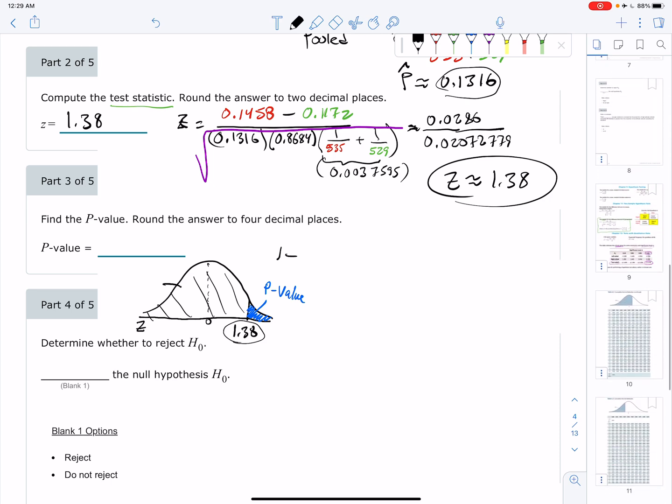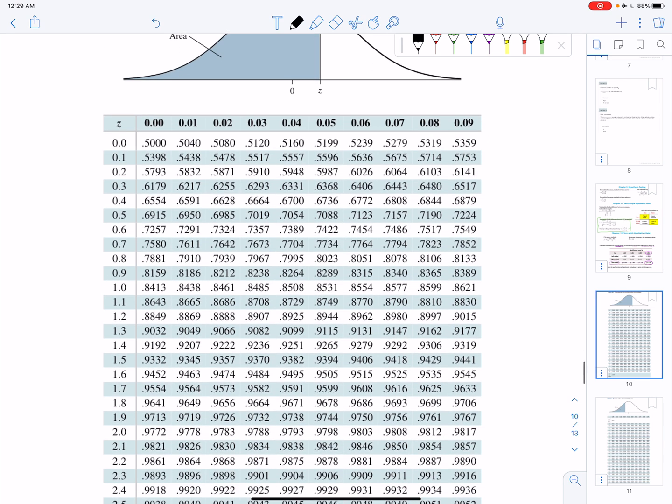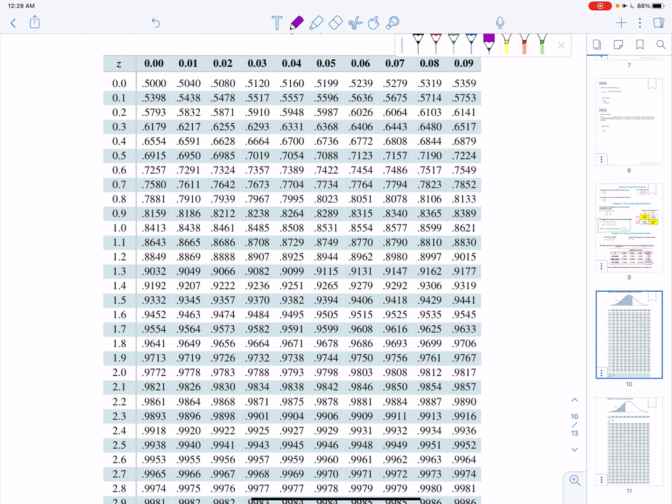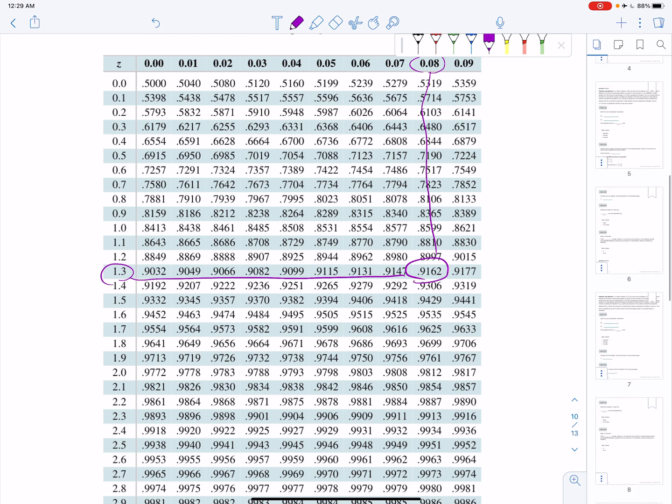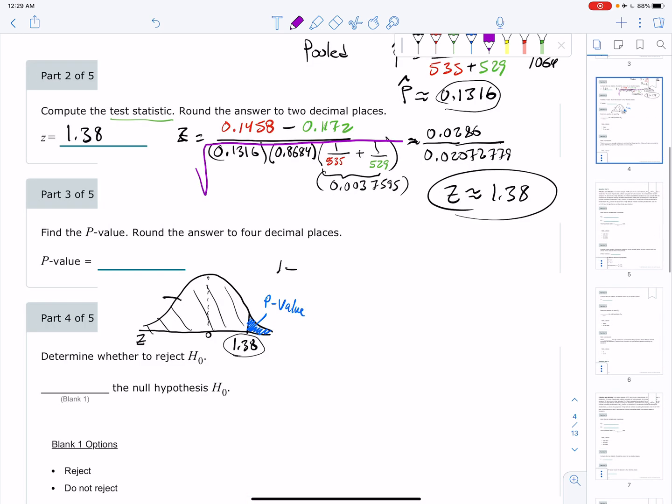So I look up positive 1 point, there's 0.8. So 1.38 is right there. When I look that up, I get 0.9162. Let me go back to my work.